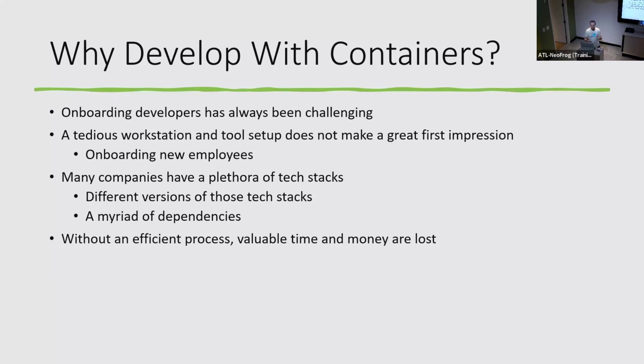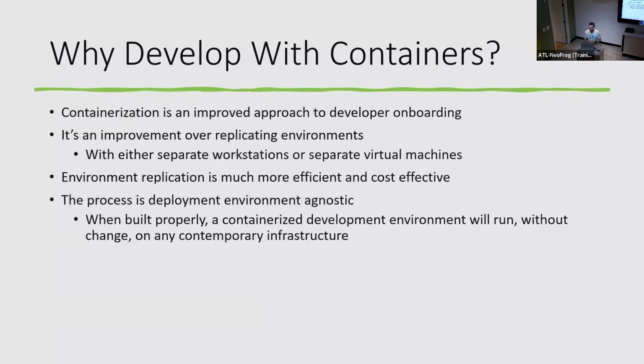As Melissa talked about, there's just a myriad of dependencies. I work with a lot of React front-end developers. How many versions of NPM and Node does everybody have on their machine? It really gets out of hand. Without an efficient process, valuable time and money is lost, and money to an organization means something, right?